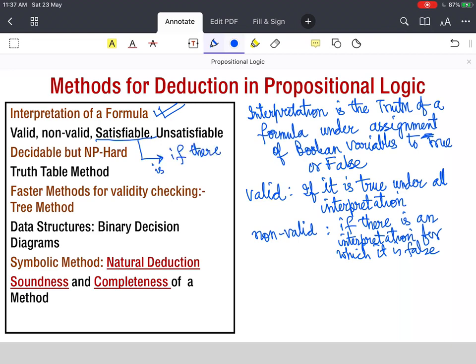Similarly, a formula is said to be satisfiable if there is an interpretation for which it is true. And a formula is said to be unsatisfiable if it is false under all interpretations.